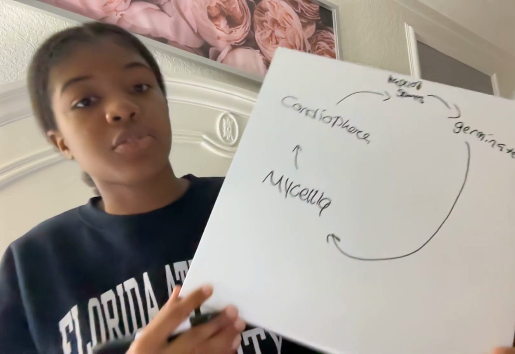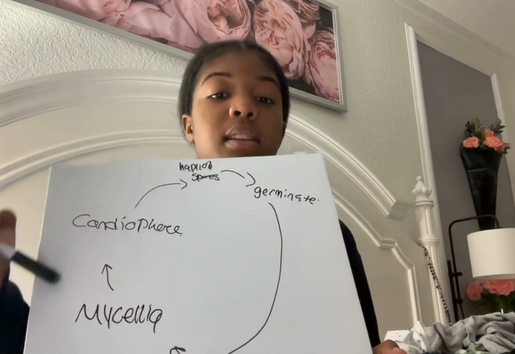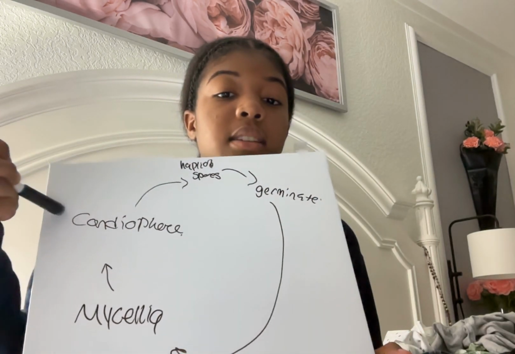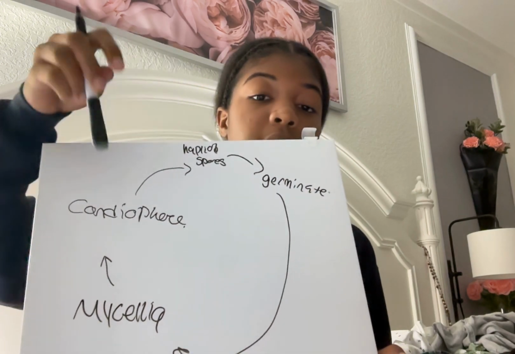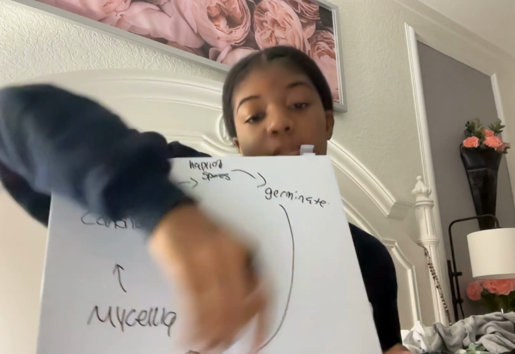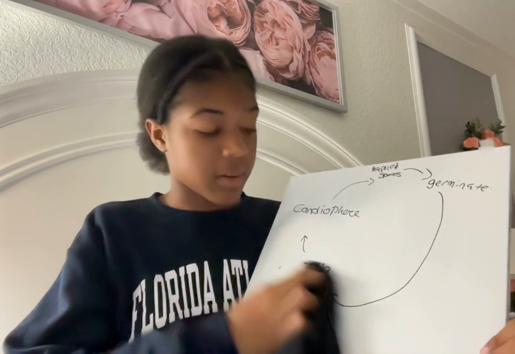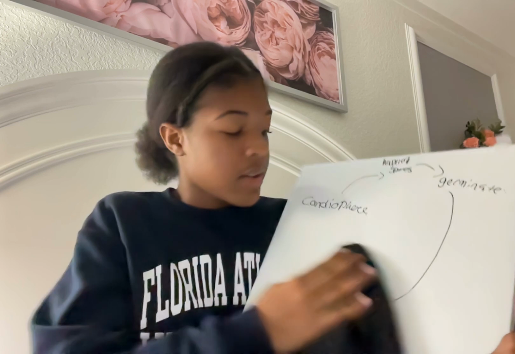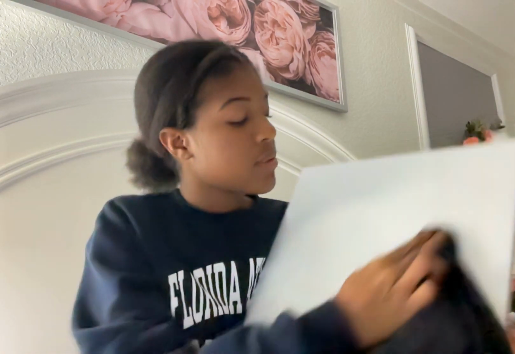So that is the asexual reproduction of the Ascomycota. It goes through mycelium. The mycelium then has the conidiospores. We have the haploid spores that come from this, and then it germinates all over again. This cycle and the sexual cycle of the Ascomycota connect.